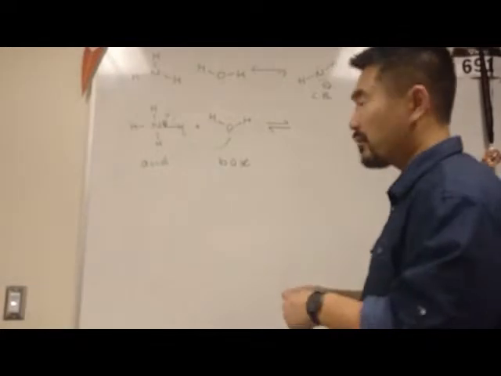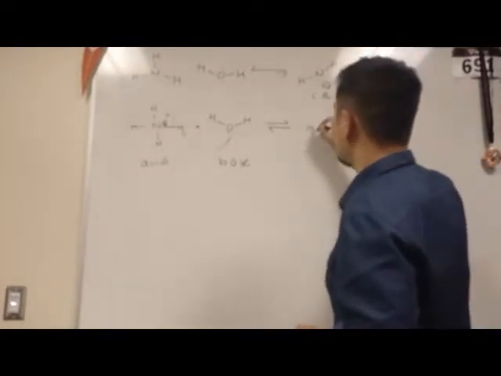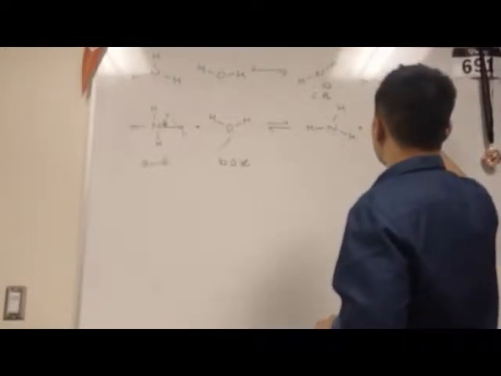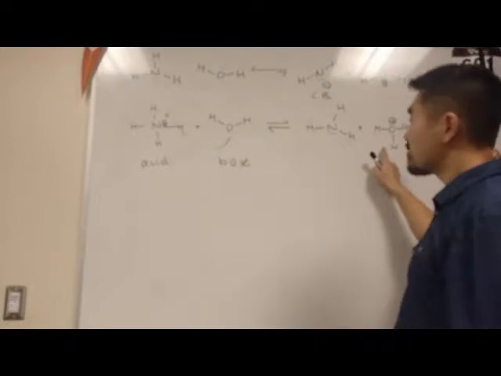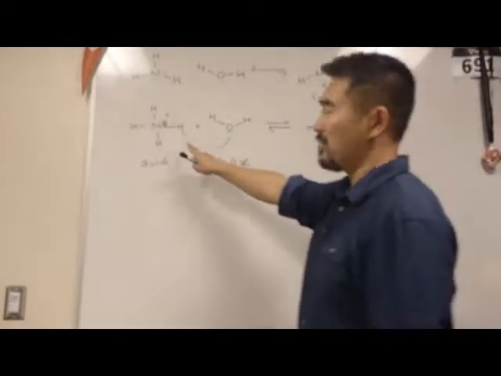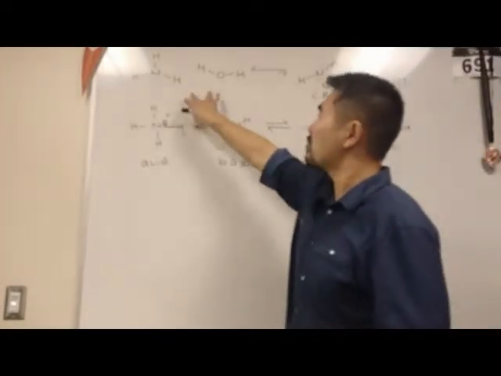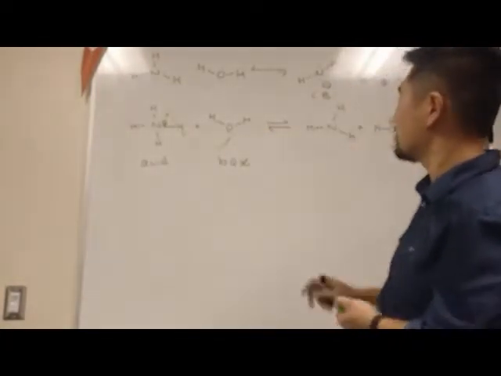So once the corresponding base picks up the proton, here's what you get out of it. We do end up with one charged species, but we started out with one charged species. So that's a lot better than starting out with two neutral and then ending up with two charged species, right?